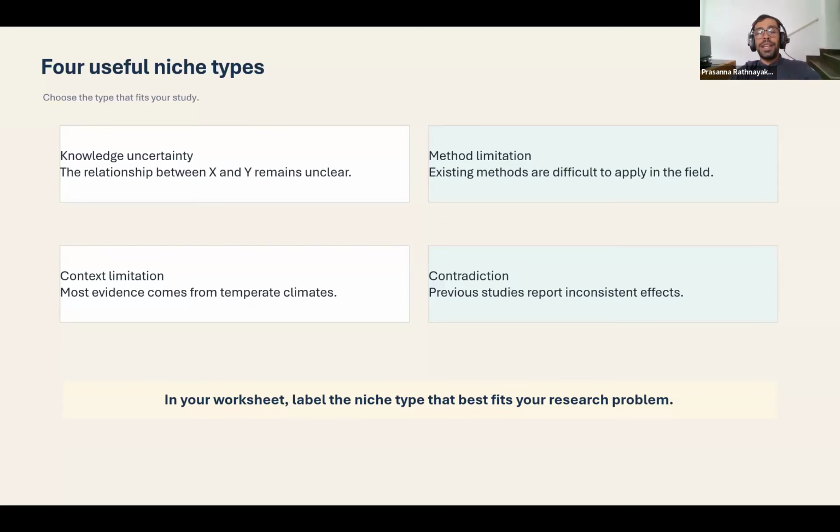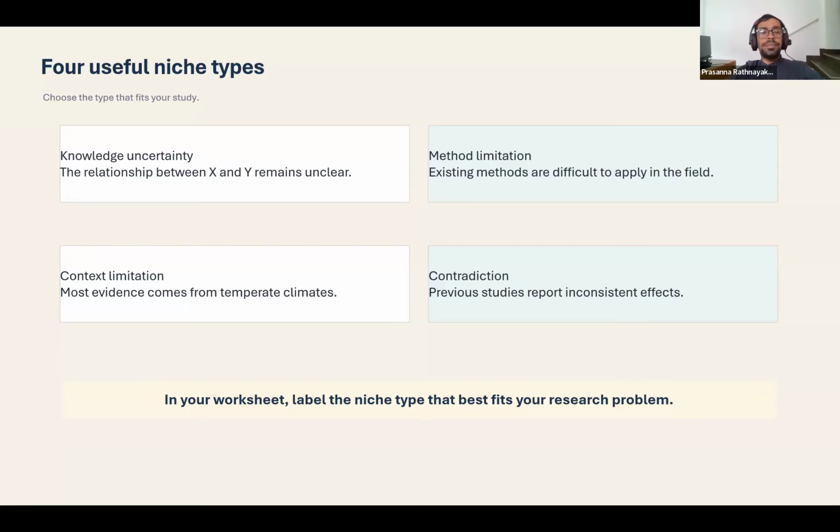So try and pick up your niche. In your worksheet, label the niche type that best fits your research problem, because I have to guide you through the worksheet that will lead you to achieve artifact 5 of your portfolio.